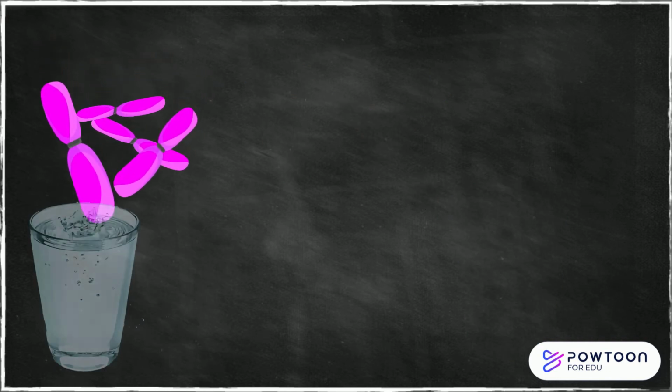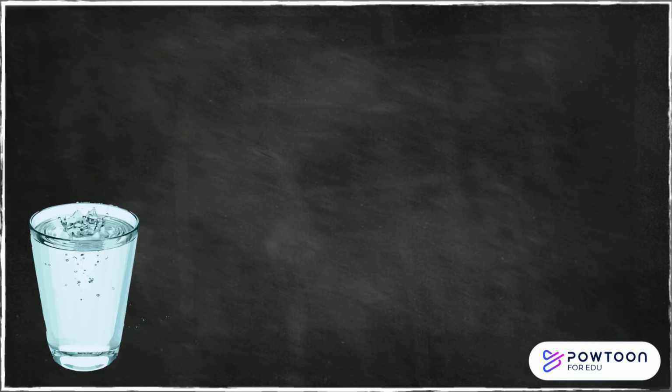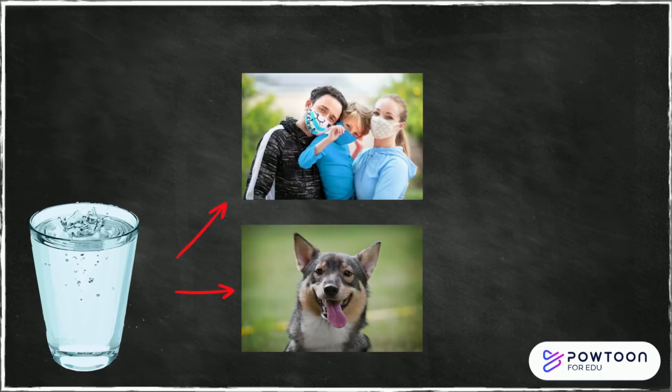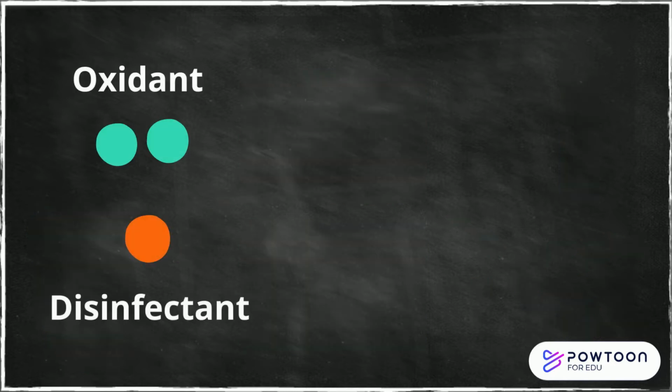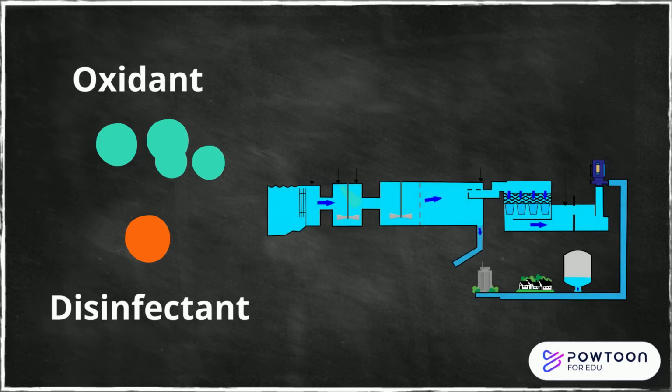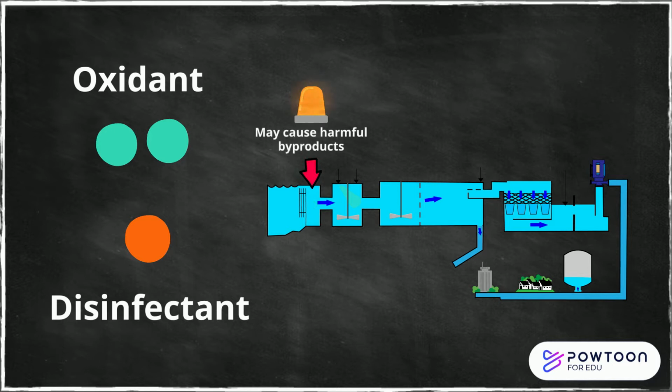Most pathogens that contaminate water supplies come from the feces of humans or animals. If there are high levels of coliform bacteria, sometimes an oxidant or disinfectant may be added at the beginning of the water treatment process. Although adding a disinfectant at the beginning of the water treatment process can cause harmful byproducts. Most water treatment plants disinfect at the end of the process.